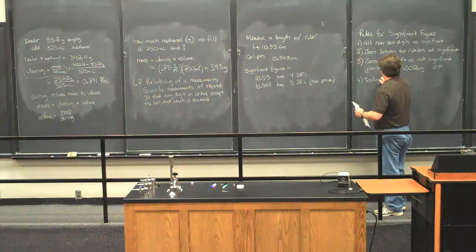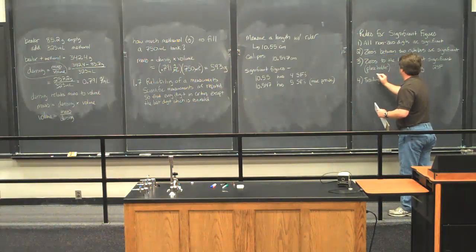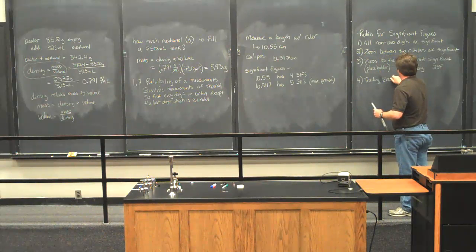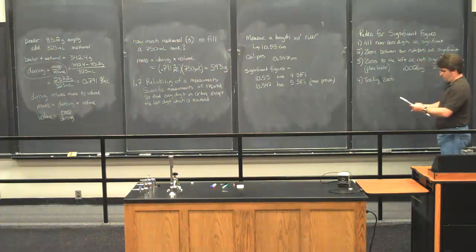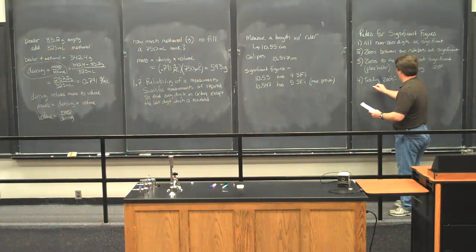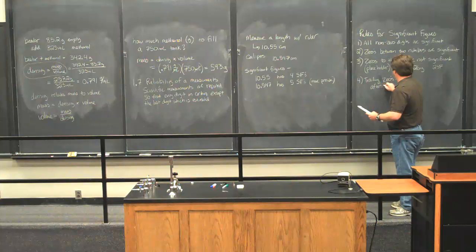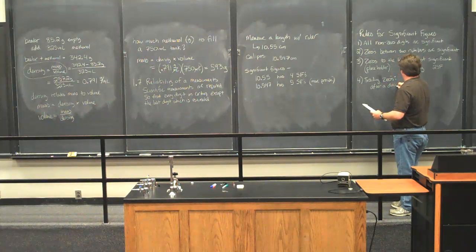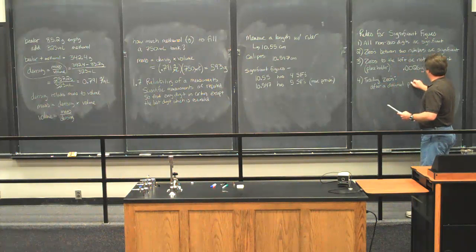Trailing zeros, these are zeros to the right, may or may not be significant. So if they're after a decimal point, they are significant.